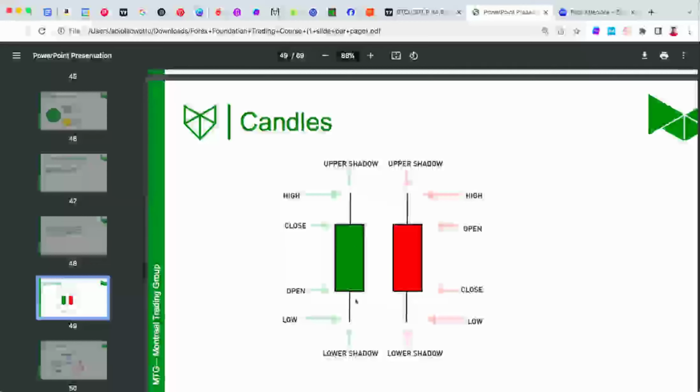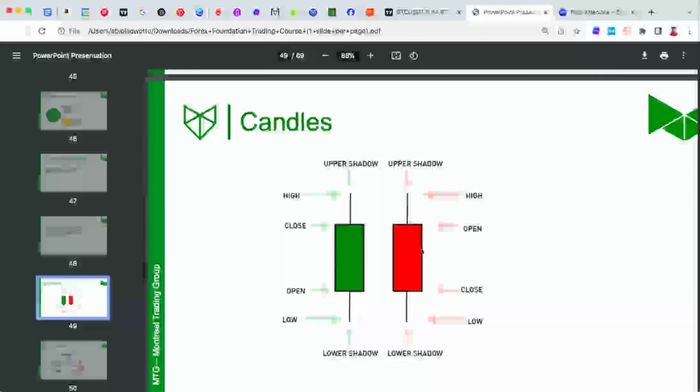So we have our open and the close of our candlestick, and this one that is in green is the buy candle, and this one that is in red is the sell candle. Which is representing the bullish candle, and this is representing the bearish candle.